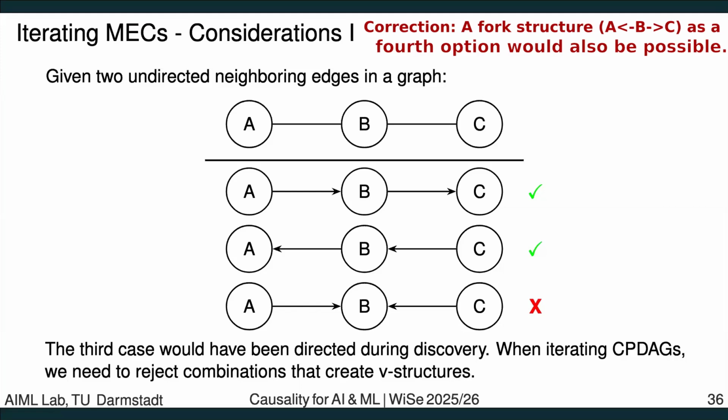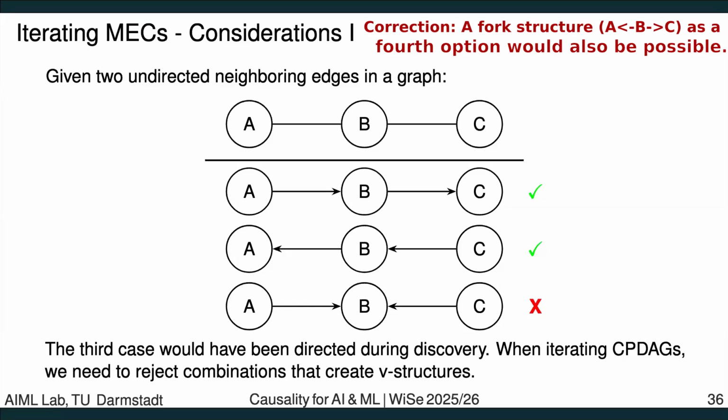And then again, due to similar rules, like acyclicity: if we have a graph where one edge is undirected and directing this edge would form a cycle in one direction, we would have directed it in the other direction in the graph.